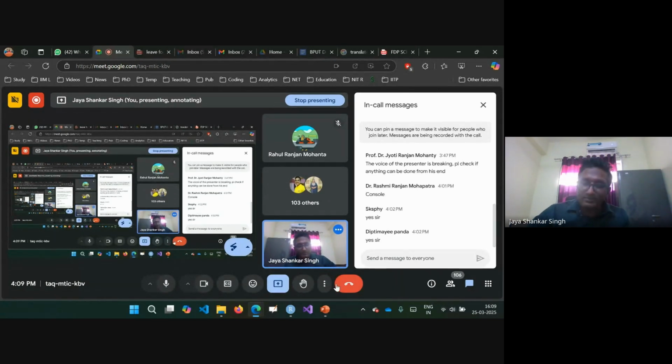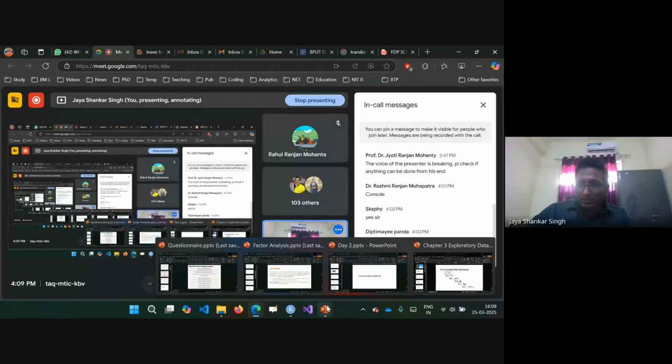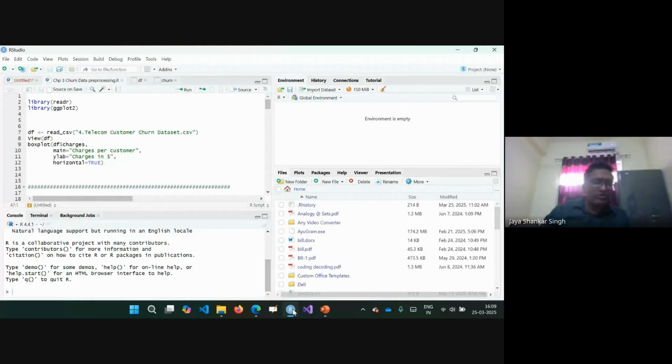चलो ठीक है. R Studio में जाते हैं. Outliers are generally what happens, I will give you a simple example. Suppose you are calculating the average mark of your students in a particular class.